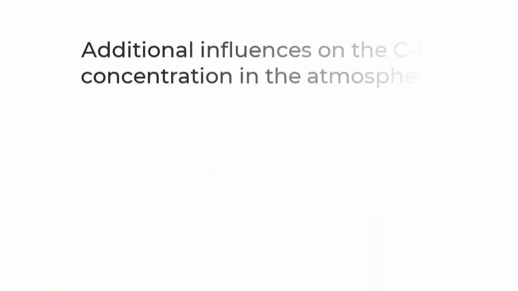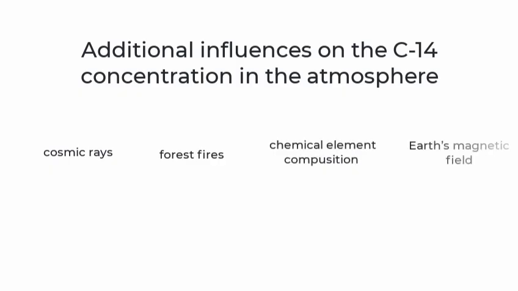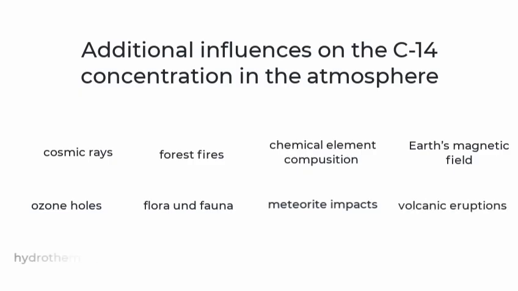Further examples of such variable influences and phenomena include, as we already mentioned, the intensity of cosmic rays, including the intensity of solar rays, and forest fires, the chemical element composition of the Earth's atmosphere and the oceans, changes in the Earth's magnetic field, the extent of ozone holes, different flora and fauna with different metabolic interactions with the environment, meteorite impacts, volcanic eruptions, hydrothermal vents, climate change, and so on.